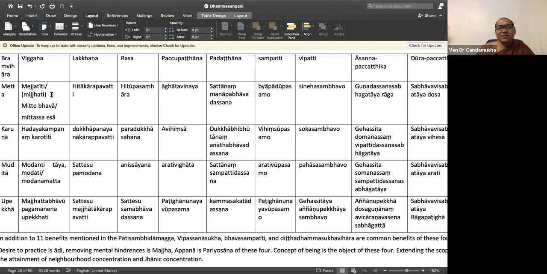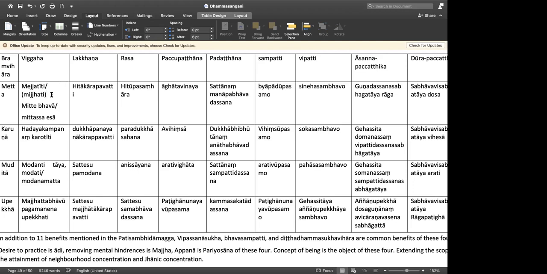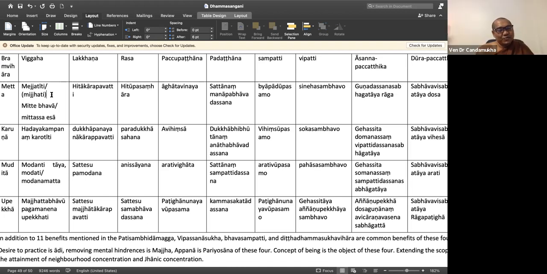There are many verbal groups, Bhuvadi gana, Rudhadi gana, and so on, and then Divadi gana.